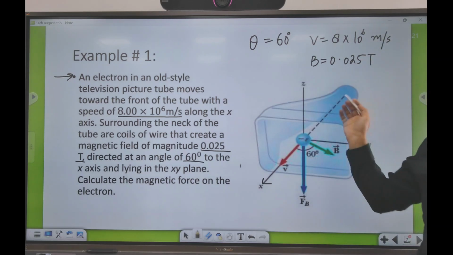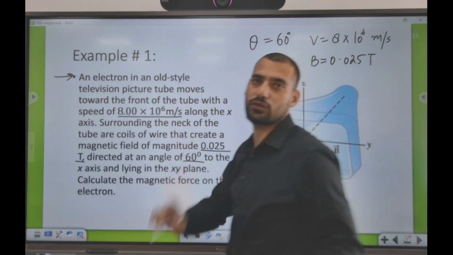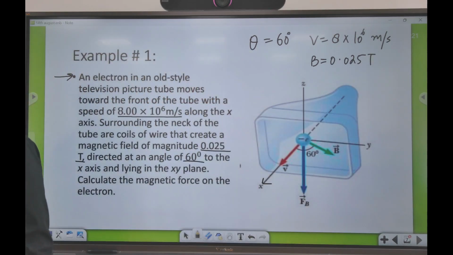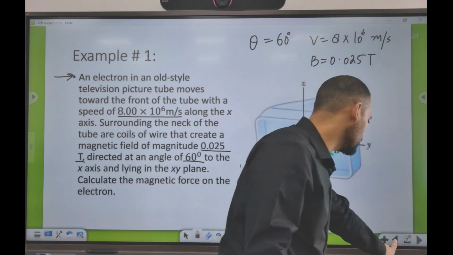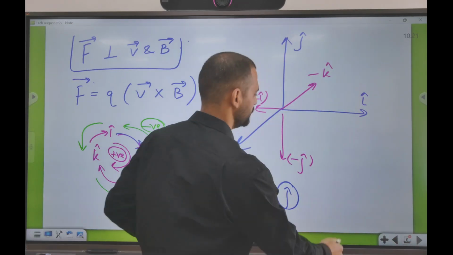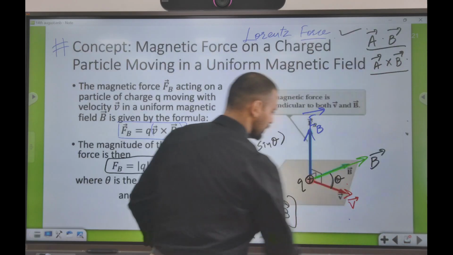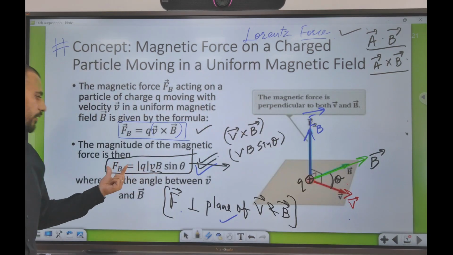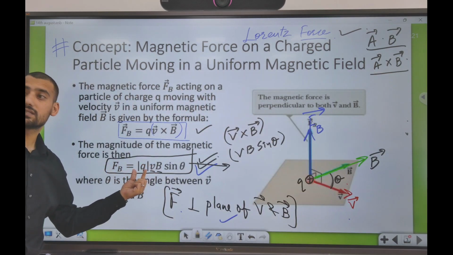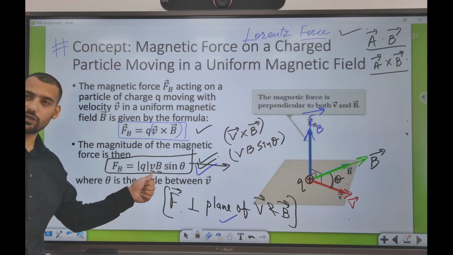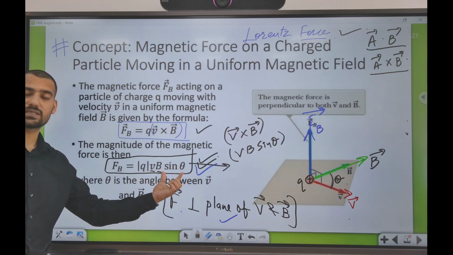You are asked to find the force on this electron. Tell me, how do you find the force? Yes, the formula, we discussed it yesterday. The force is given by the charge magnitude, times velocity, times magnetic field, times sine of the angle.